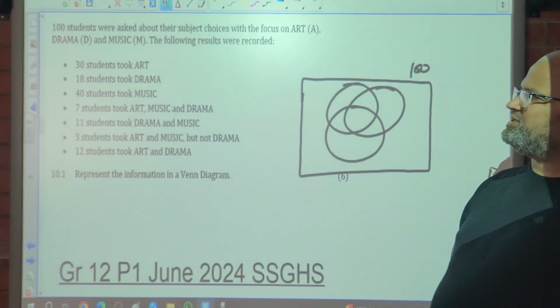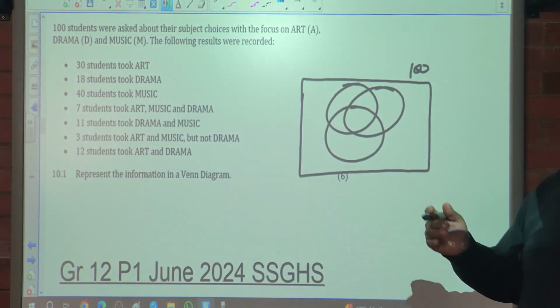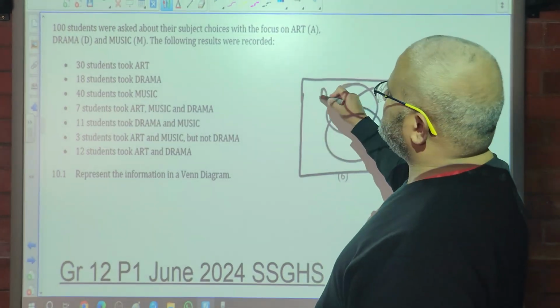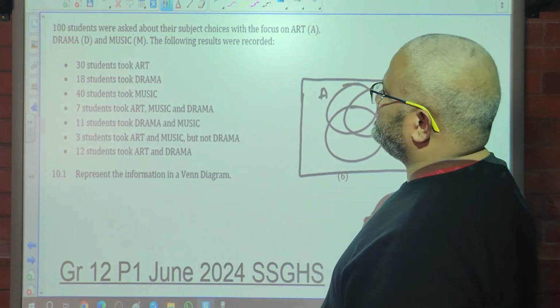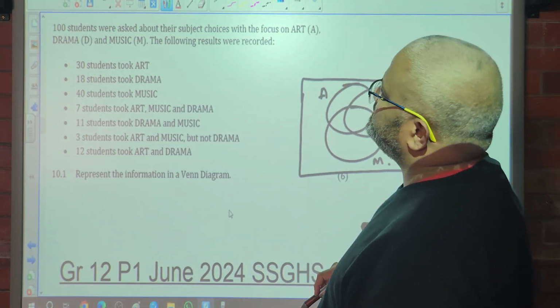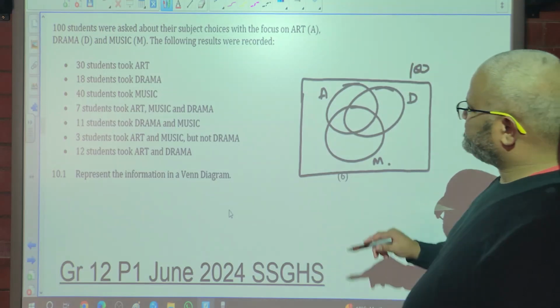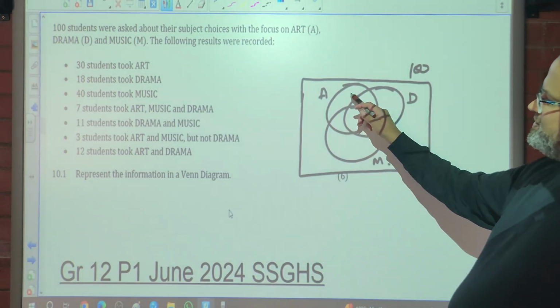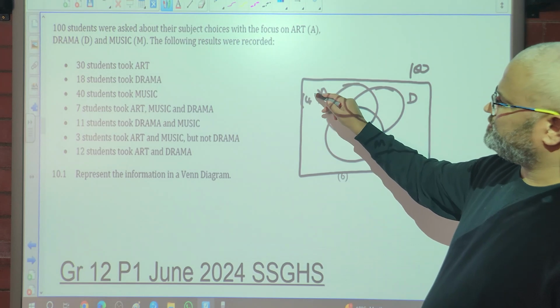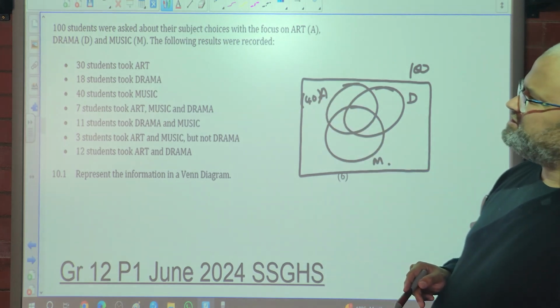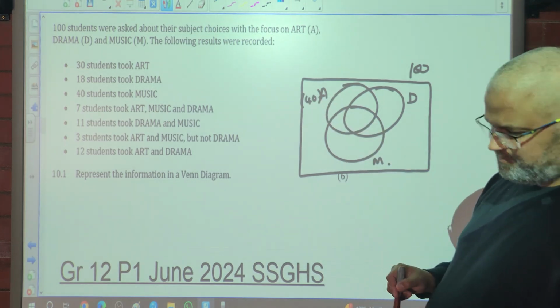As you know, grade 11 is a three-way Venn diagram, and as you can see, there are 3 subjects in the question. A for art, D for drama, M for music. 30 students took art.